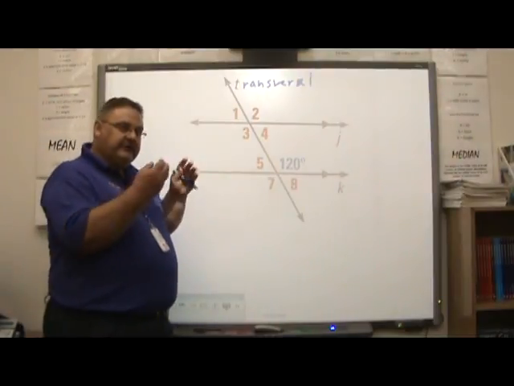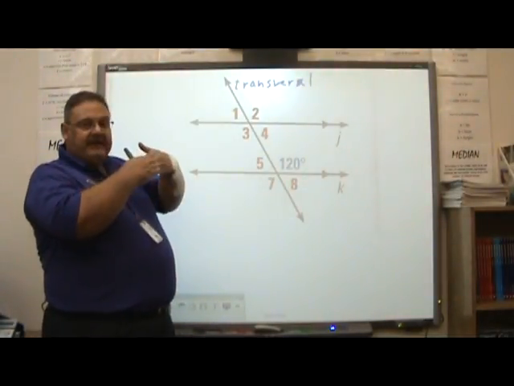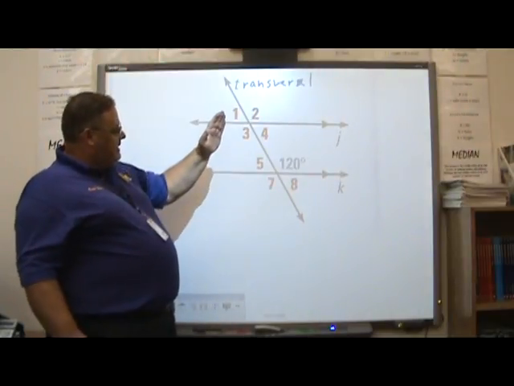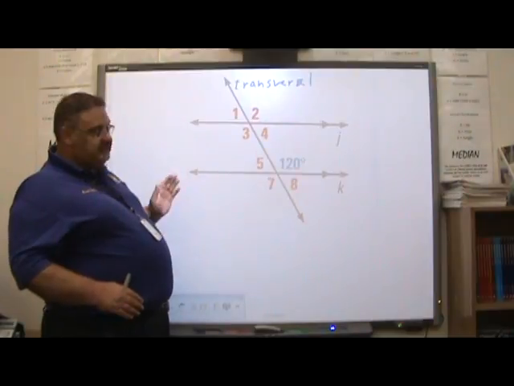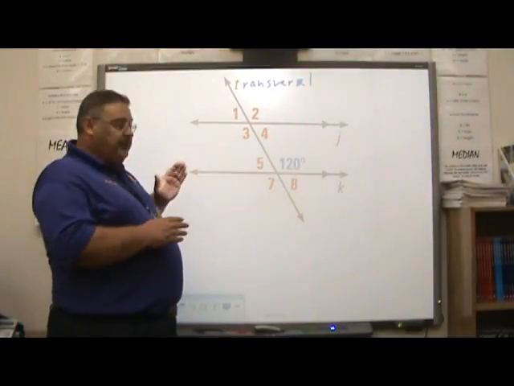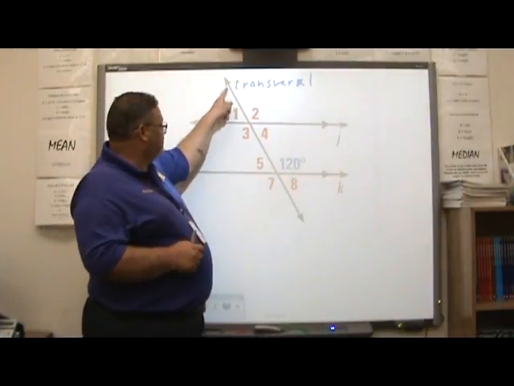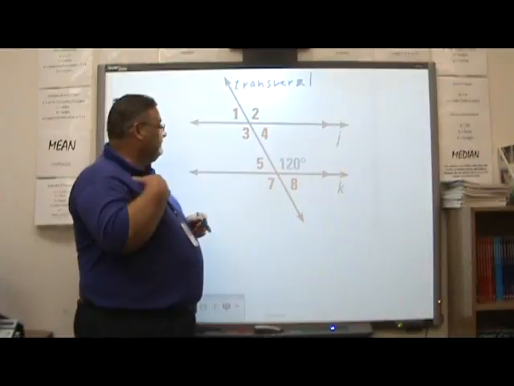Well, if you've already worked with linear equations, then you understand the idea of a slope, that a line never changes, it's straight. So if I'm going at this slope, or rise over run, at this part of the line, it's going to continue on at the same change continuously.